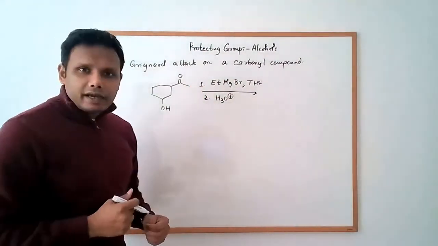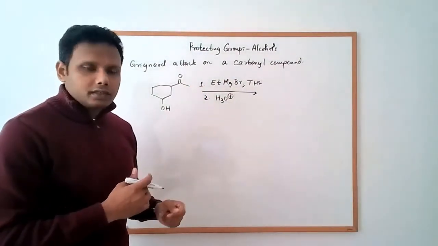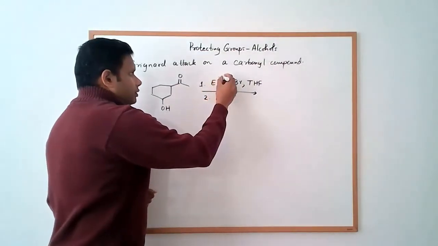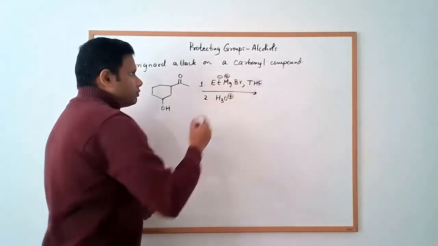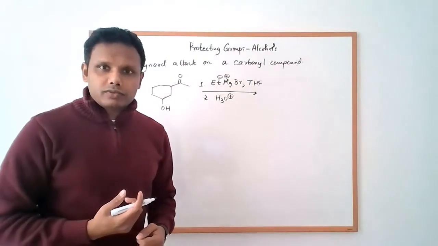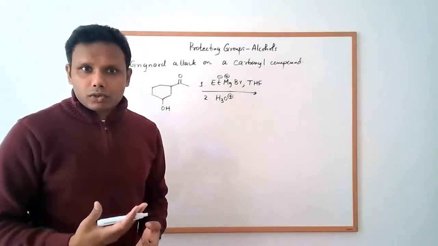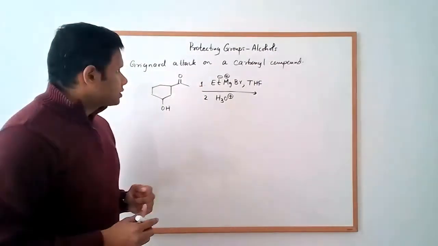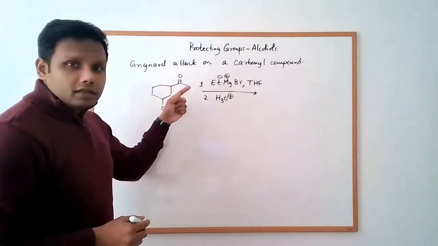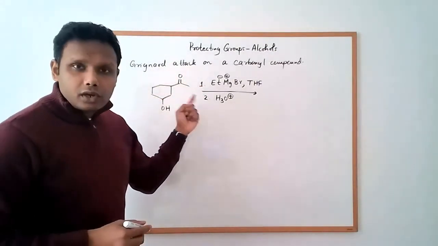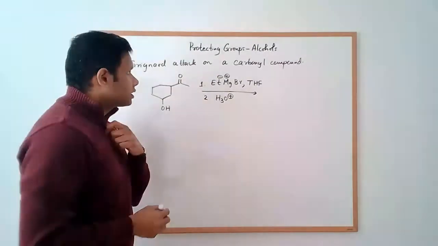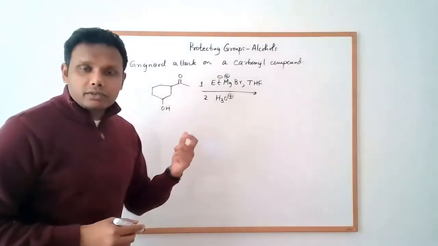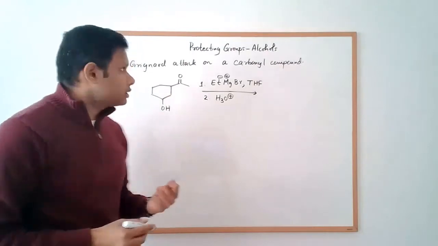But now if we evaluate the reaction here, we have the Grignard reagent, which we've learned is a strong nucleophile, but it's also a strong base. So as far as the Grignard reagent is concerned, and as far as this given carbonyl compound, the starting material, is concerned, the Grignard reagent has two options here.